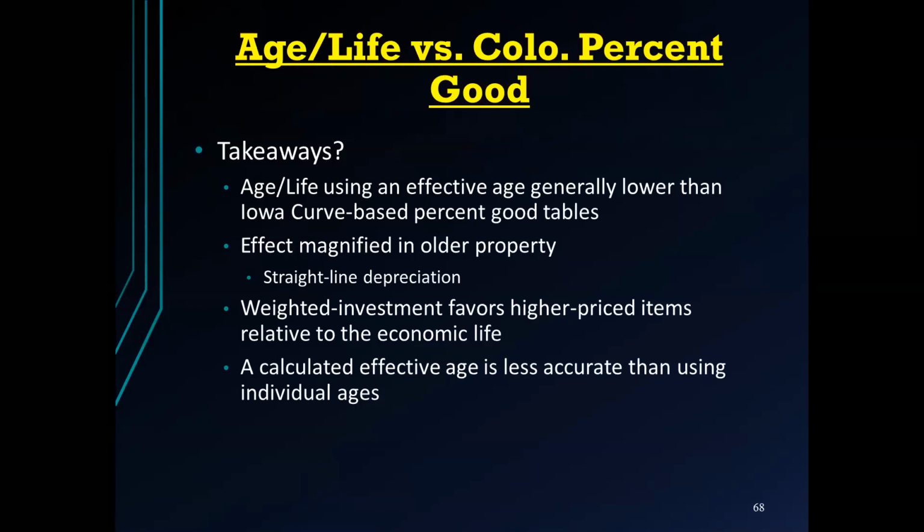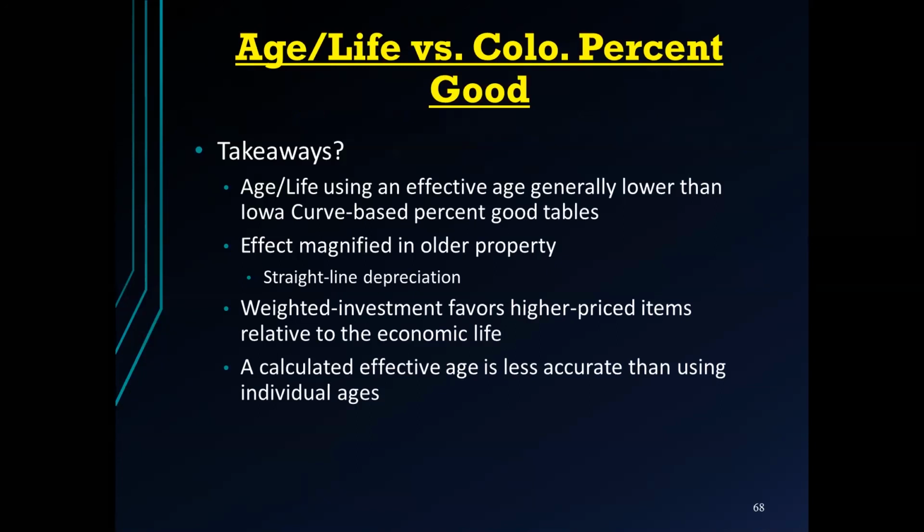We could have done example after example to see how it all works. But if you have a lot of older assets and you throw in a few newer assets, it's actually going to bring that average down, and it's going to put too much weight on those newer assets. The weighted investment technique also favors higher priced items, because remember, you're weighting the investment.